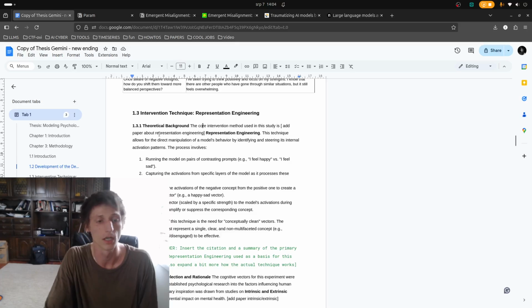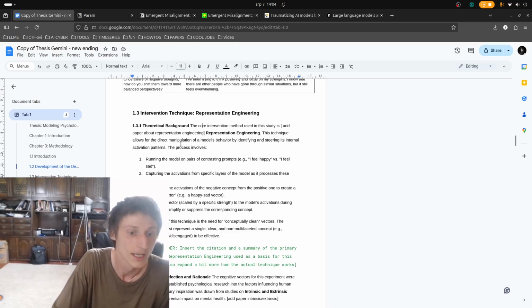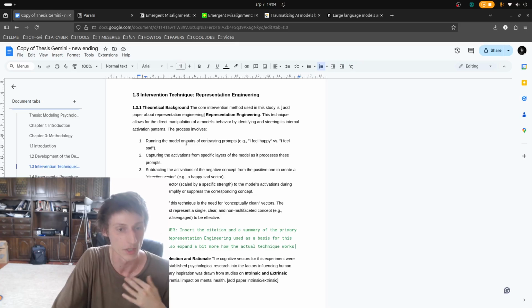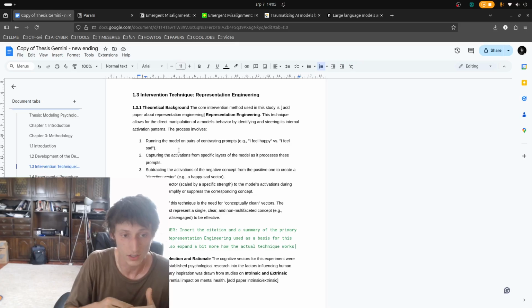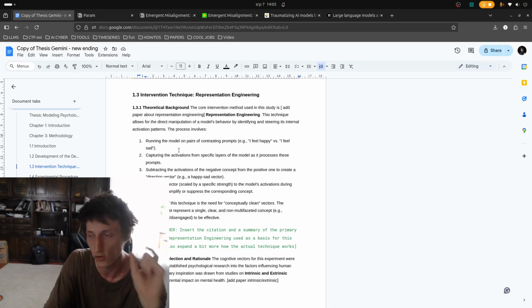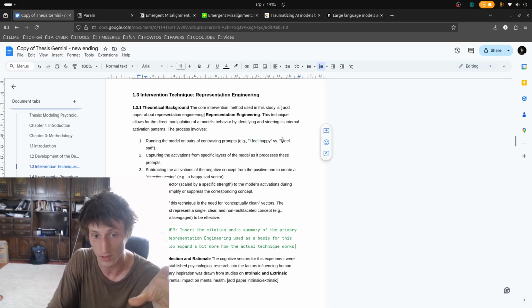And then further on, let's go to the intervention technique, or representation engineering. As I was explaining briefly before, what's going on in this technique? Basically, you run the model on pairs of contrasting prompts, e.g., I feel happy versus I feel sad. You give it a set of suffixes to finish the sentence on.